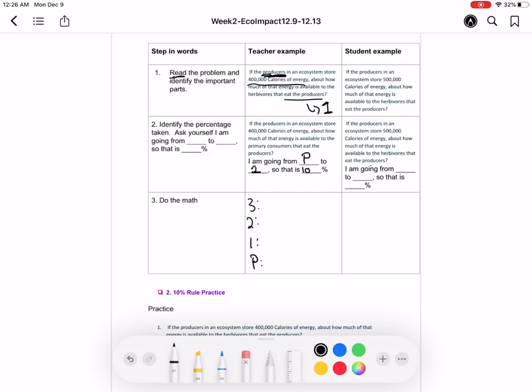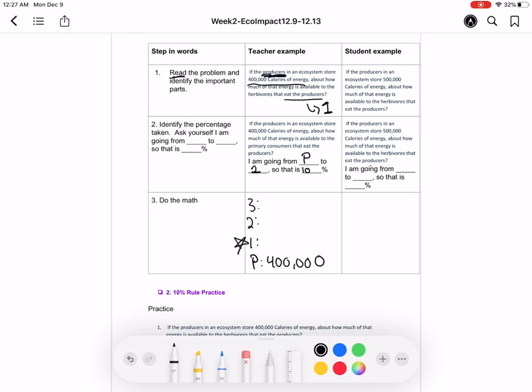So it told me that producers store 400,000 calories. And I know that I'm trying to find my primary. I don't really have to worry about 2 and 3 for this problem, but I just want to, for myself, visualize that I'm only going up one level.